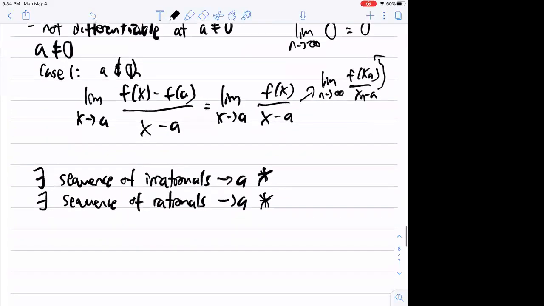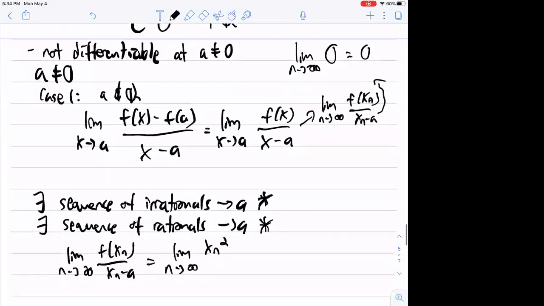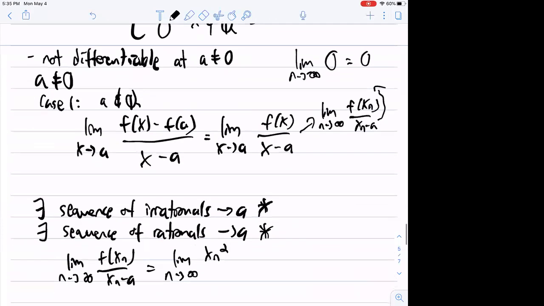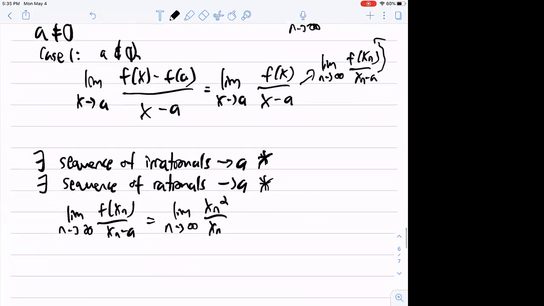But if I take the sequence of rationals, the limit as n goes to infinity of f of xn over xn minus a, in this case f of xn is just xn squared, since xn is rational. So here is the issue.